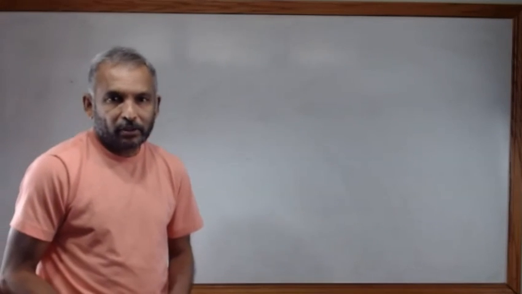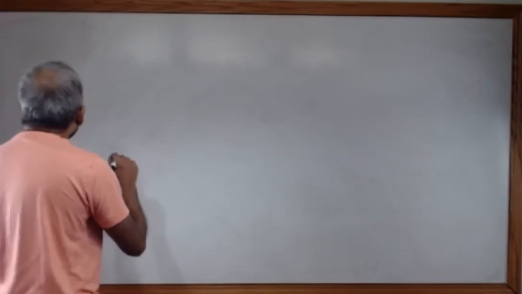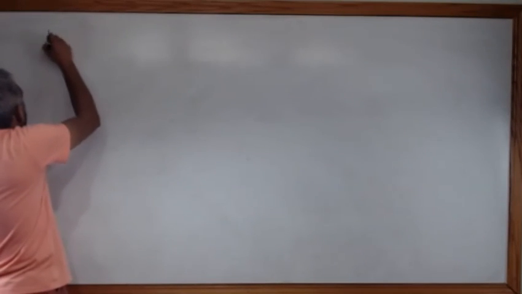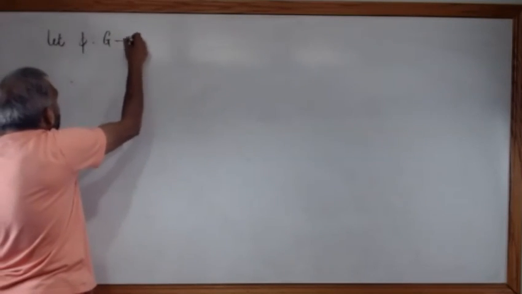We'll do our last problem in this session. Let phi be a map from G to G prime.